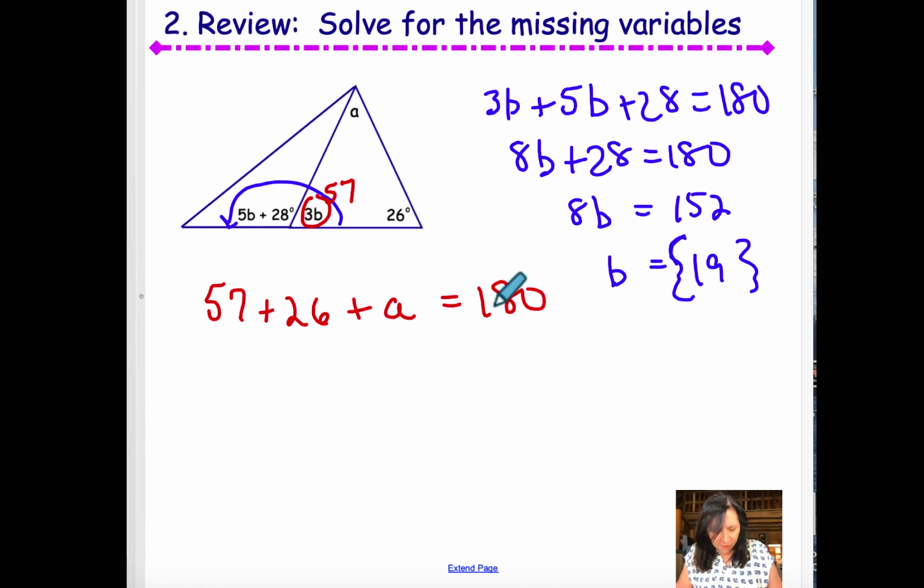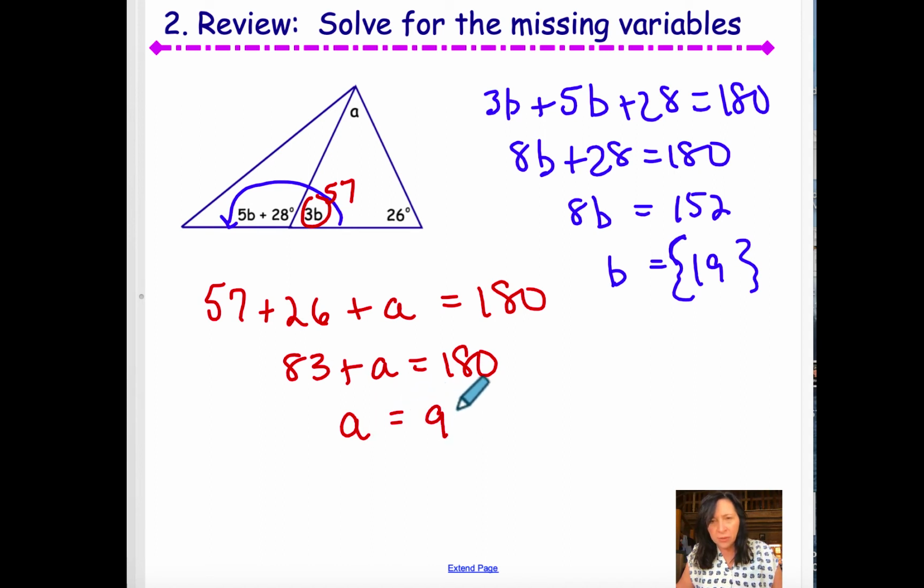So 57 plus 26 equals 83. And so I've got 83 plus a equals 180. I'm going to subtract 180 minus 83. I'm going to move that 83 to the other side, and I get 97. So that a is equal to 97 degrees. Solution set. Okay. All right, right on.